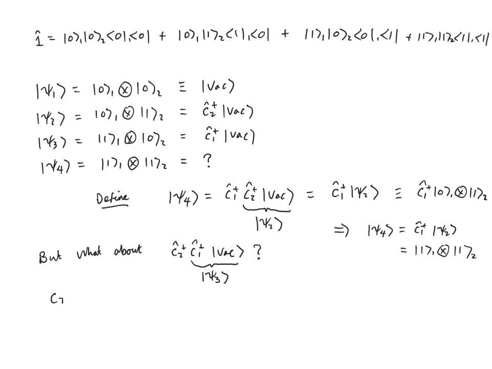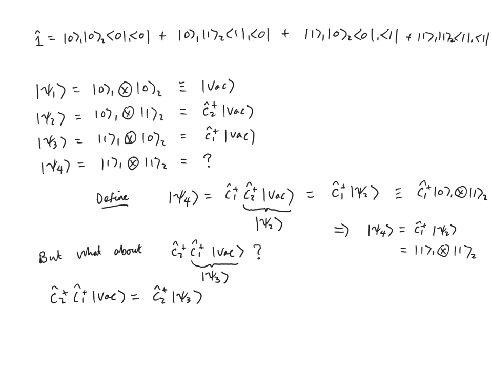So C2 dagger, C1 dagger acting on the vacuum is equivalent to saying it's C2 dagger acting on the state psi3.